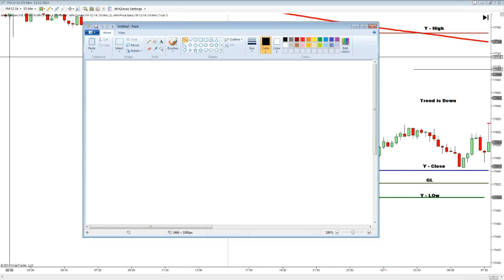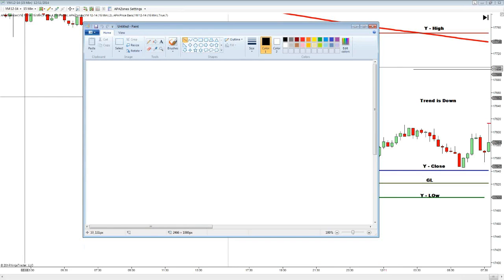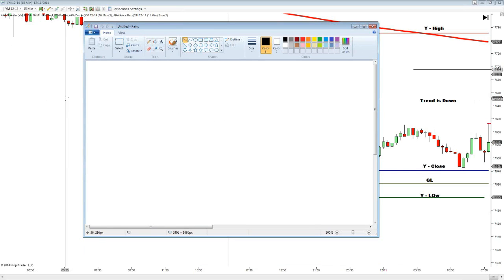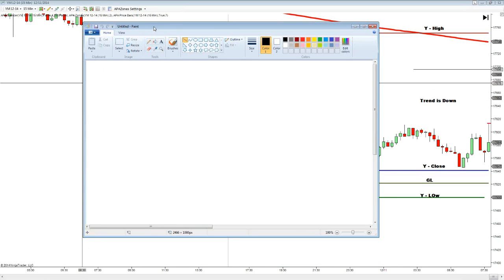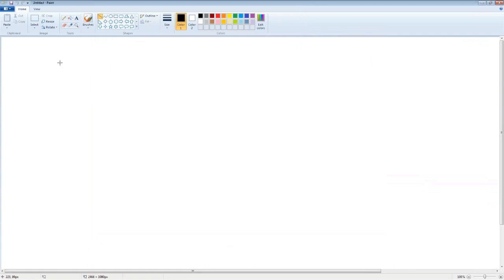Okay, first off, I'm going to start by drawing it here in our little paint program. Basically, what we want to do is look at how the market moves in general, and then we're going to get into more of a specific type of thing.